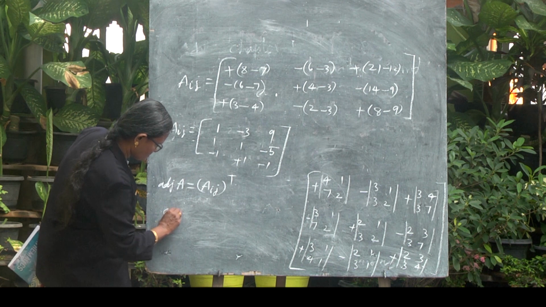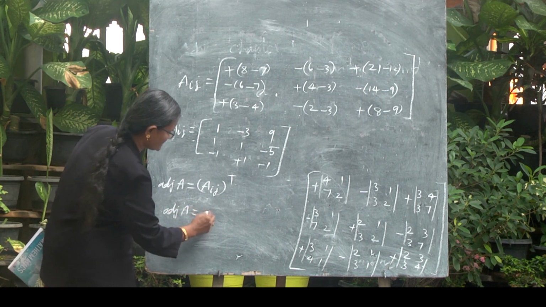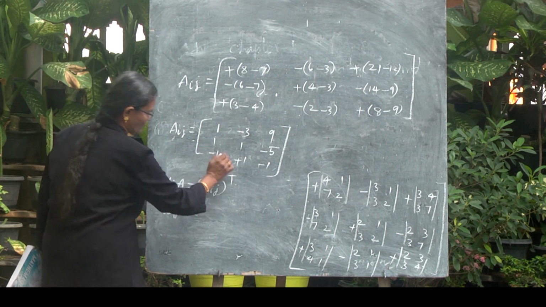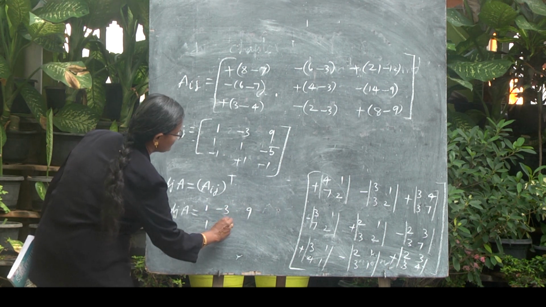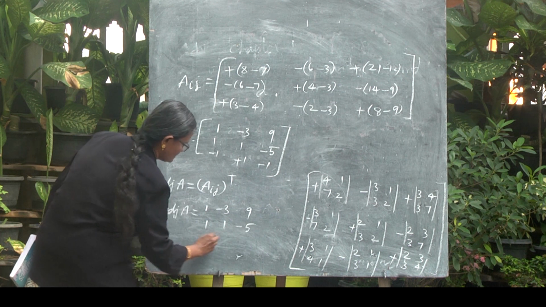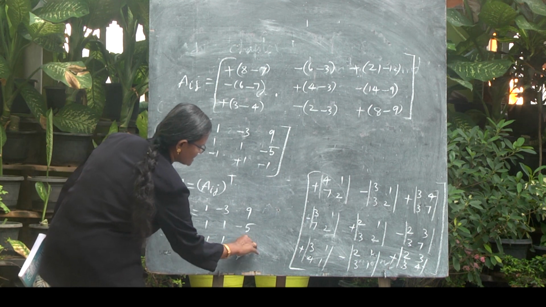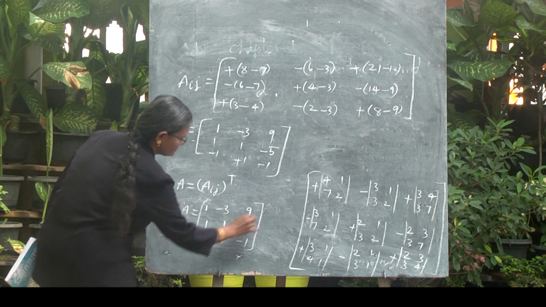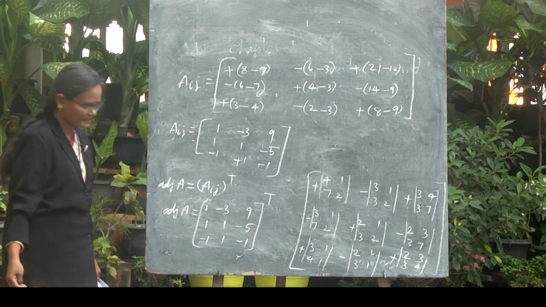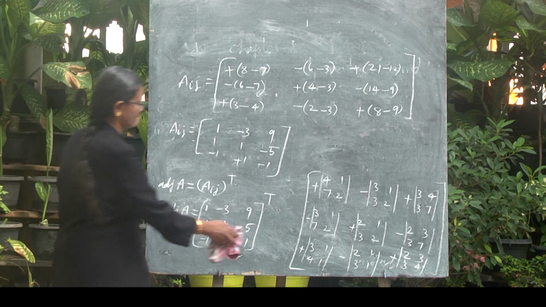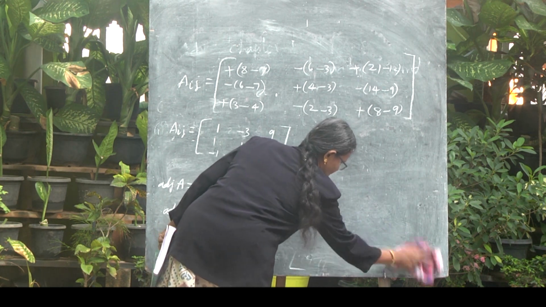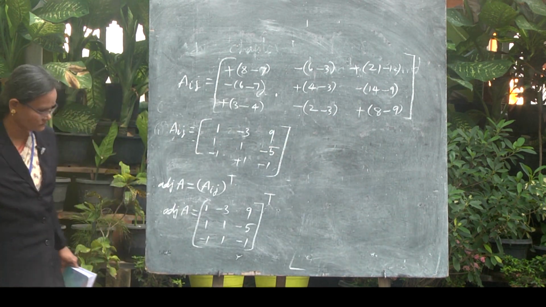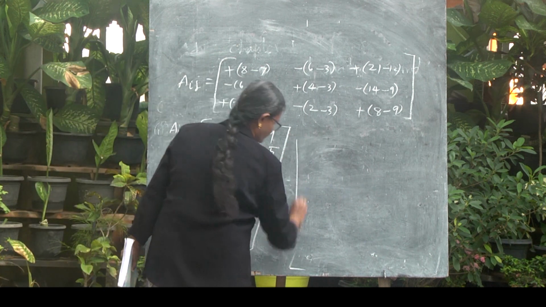Adjoint of A equals the transpose of the cofactor matrix. What is the cofactor matrix? 1, minus 3, 9, 1, 1, minus 5, minus 1, 1, minus 1, with the transpose. Here, adjoint of A: interchange the rows and columns.